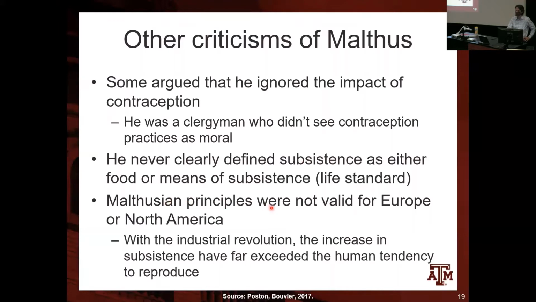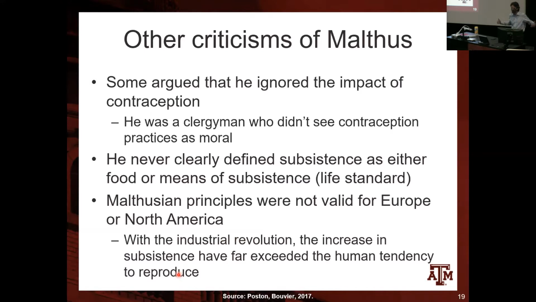His theory was not strong enough to explain the European and North American populations, exactly because in those places, with the Industrial Revolution, the increase in subsistence far exceeded the human tendency to reproduce.